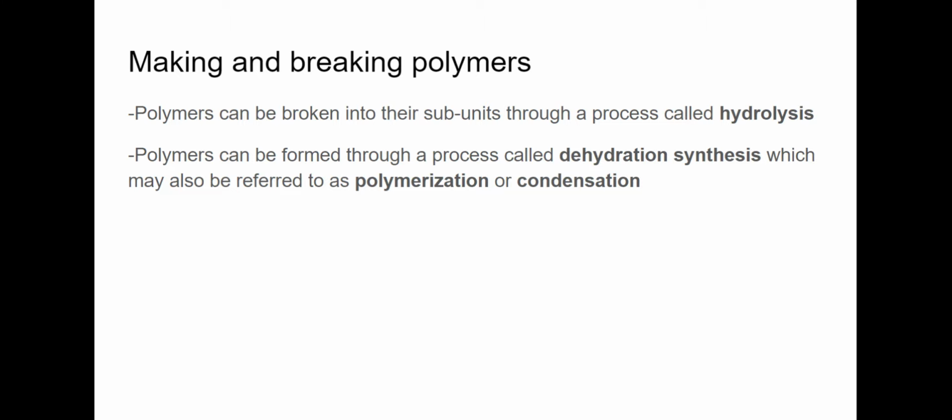We can break them into their subunits using something called hydrolysis, and we can make them through a process that we call dehydration synthesis, which sometimes you might also refer to as polymerization or condensation. I'm going to say dehydration synthesis just to be consistent, but if you see those other two words, just know that they are the same thing.